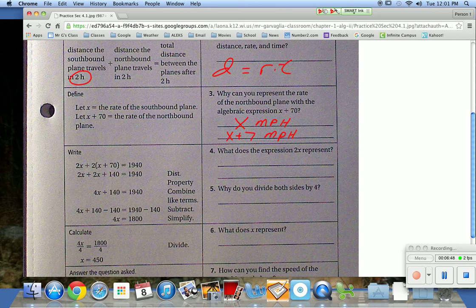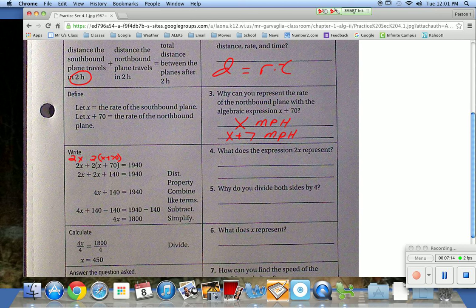Hours, right? 2 hours. We're going a time of 2 hours times the rate, which is x in this case. So that's one plane. The other plane is flying 2 hours, and its speed is x plus 70.